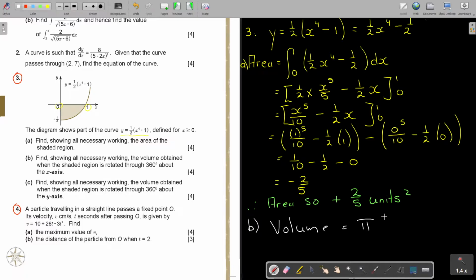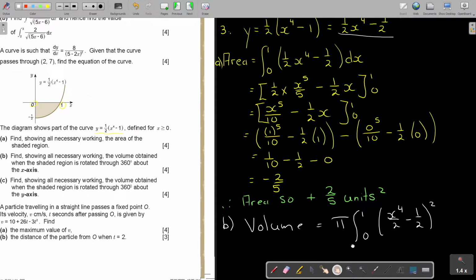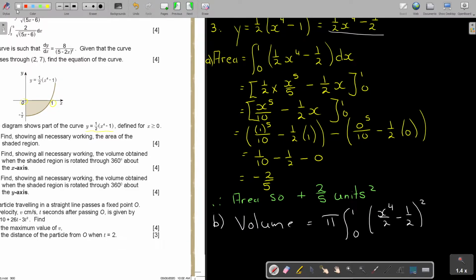Can you remember? So I'm just going to take, still 1 and 0, and I'm going to take that formula, x to the power 4 over 2 minus a half, and I'm going to square it because it's coming from the area of a circle, pi r squared, and I'm going to integrate with respect to x.